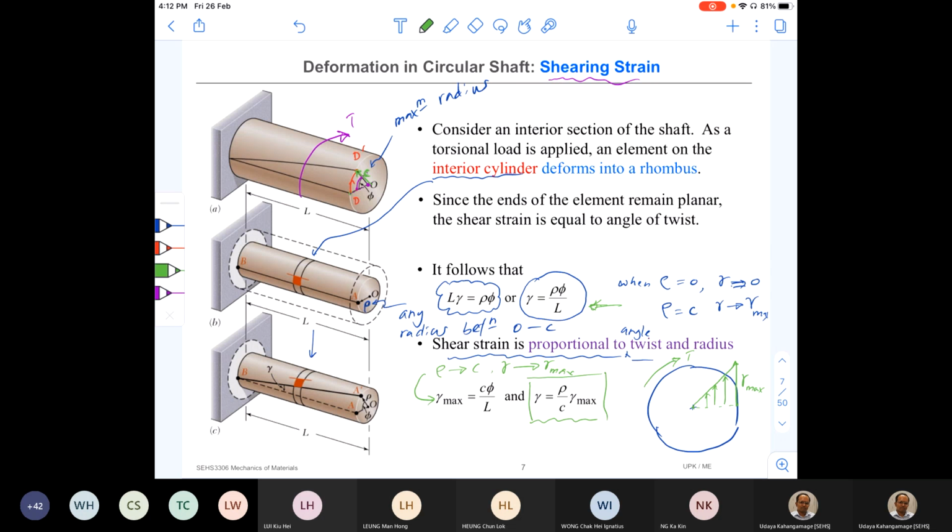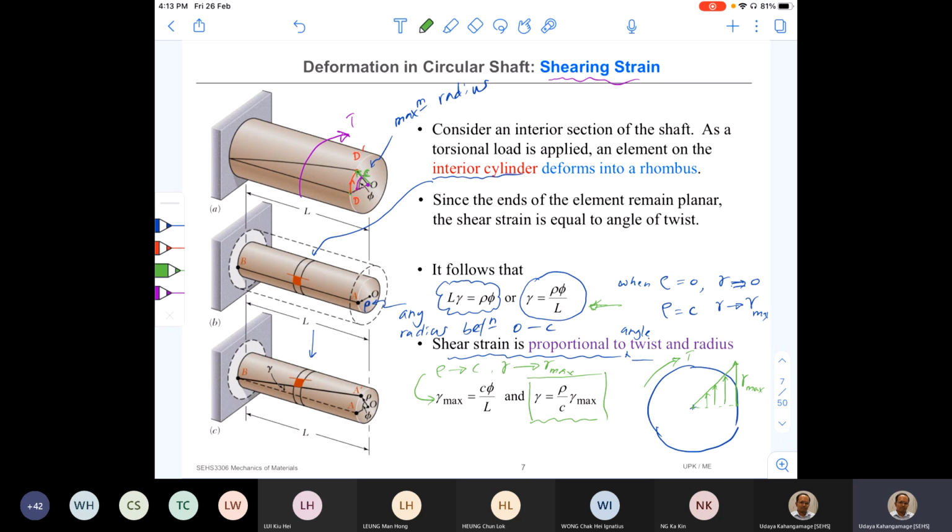So here again it shows that when rho is equal to 0, shear strain is 0, and when rho is equal to c, shear strain becomes maximum, that is gamma max. So there's a linear relationship. Okay, that is what I want to highlight here.